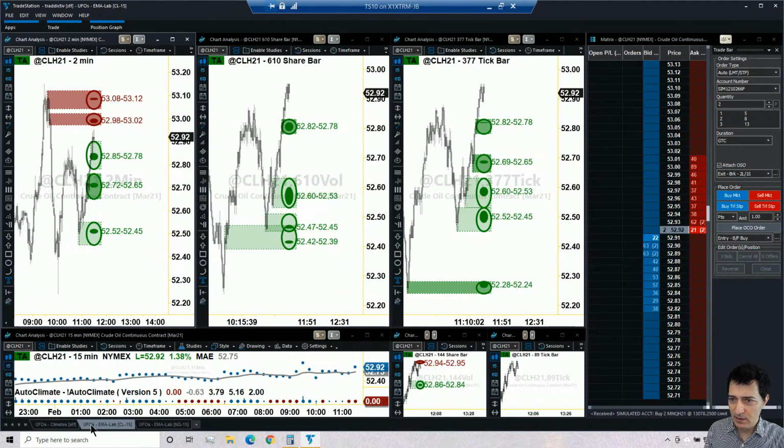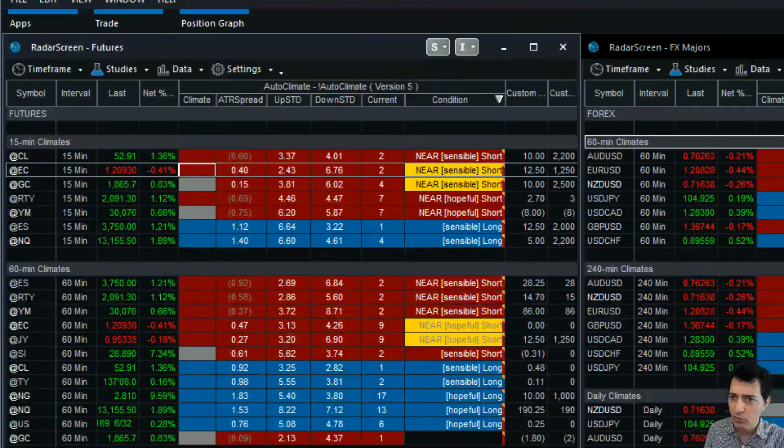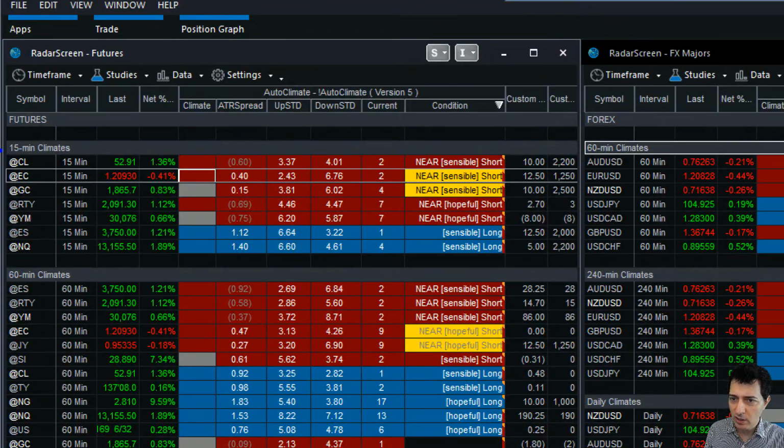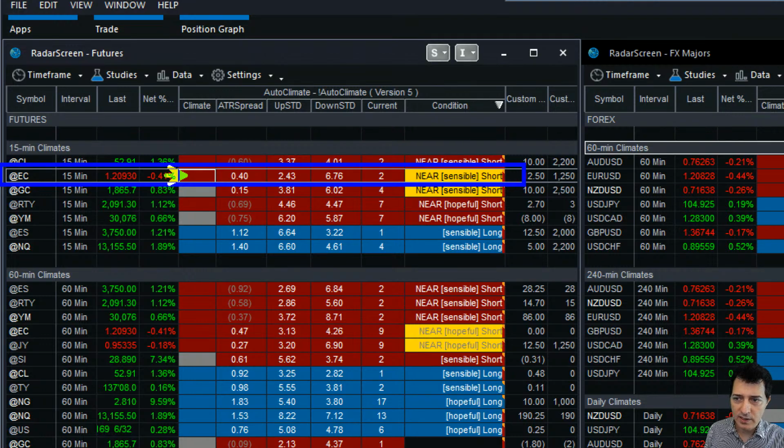So anyway, crude oil is doing its thing there. Okay, so back to where we are. New opportunity here on the euro contract. The euro contract is giving us an opportunity near sensible. Notice the red background. So this is an opportunity to short.